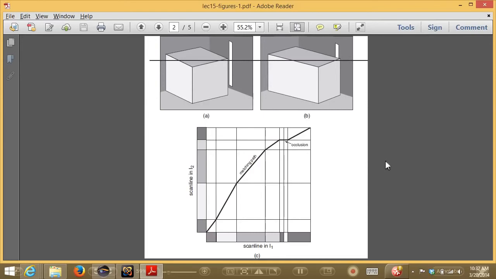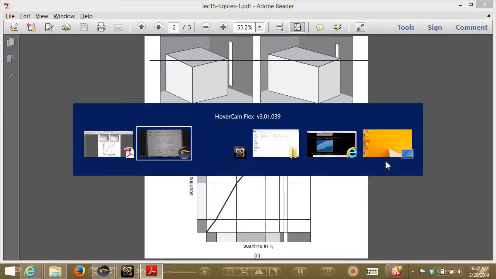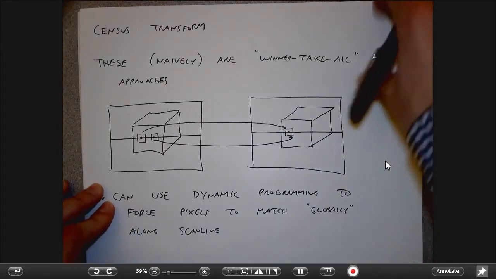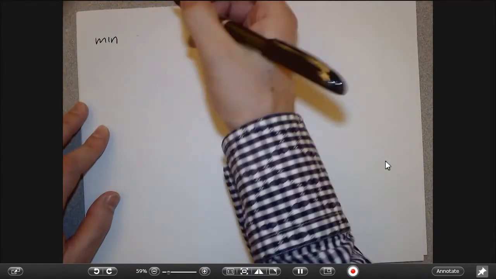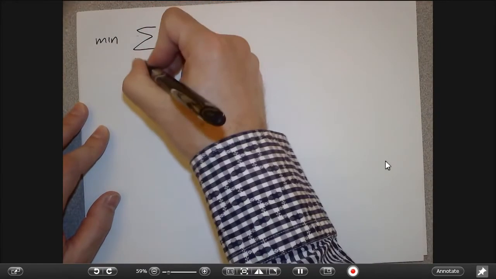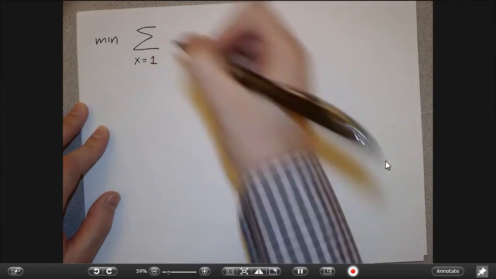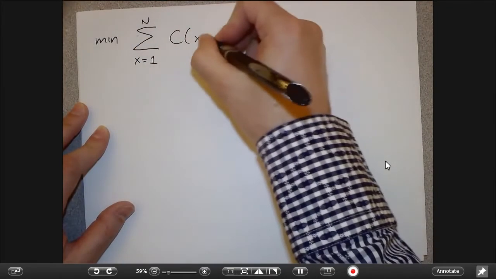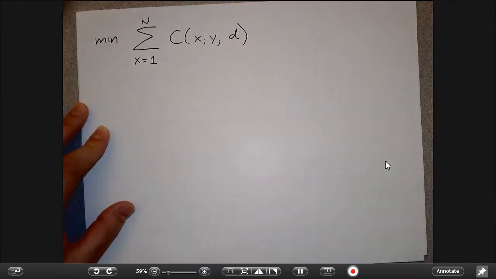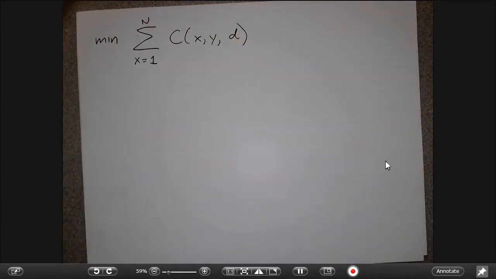Okay. And so what's happening here is that I want to minimize, from the left-hand edge to the right-hand edge, the cost of each of the pixels and the guess about the disparity, right?